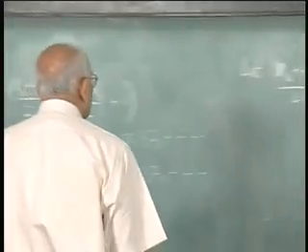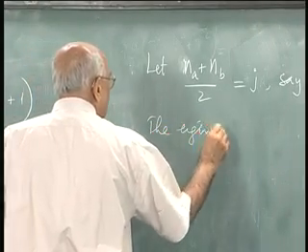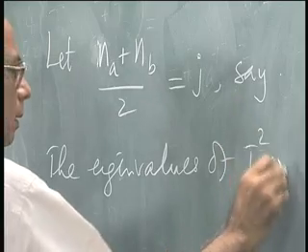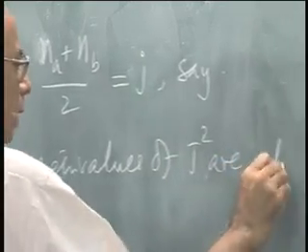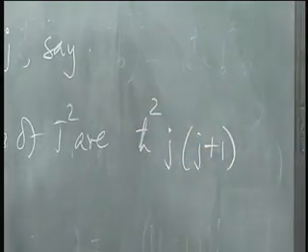So the eigenvalues of J squared are ħ² J times (J plus 1).